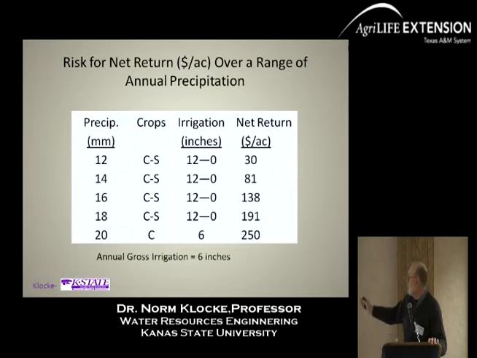And as we go through the more precipitation, we're going to tend to go from the corn sorghum situation up to the continuous corn, which with 20 inches of irrigation, yeah, that's pretty risk-free. So if we could have that every year, well, we'd be happy, but that's not the case.